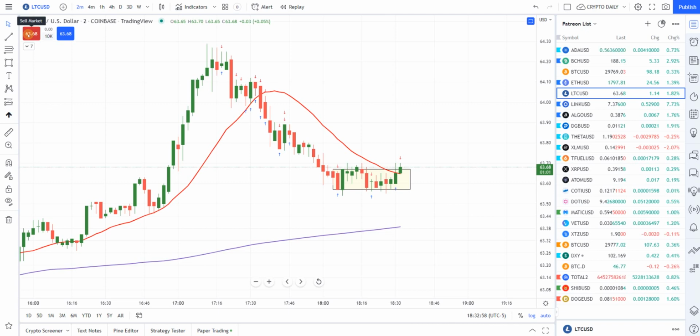Well, I was going to say I missed it. But that consolidation zone is a pretty decent size for the 2-minute chart. So I'm expecting a strong move one way or the other, upside or downside.